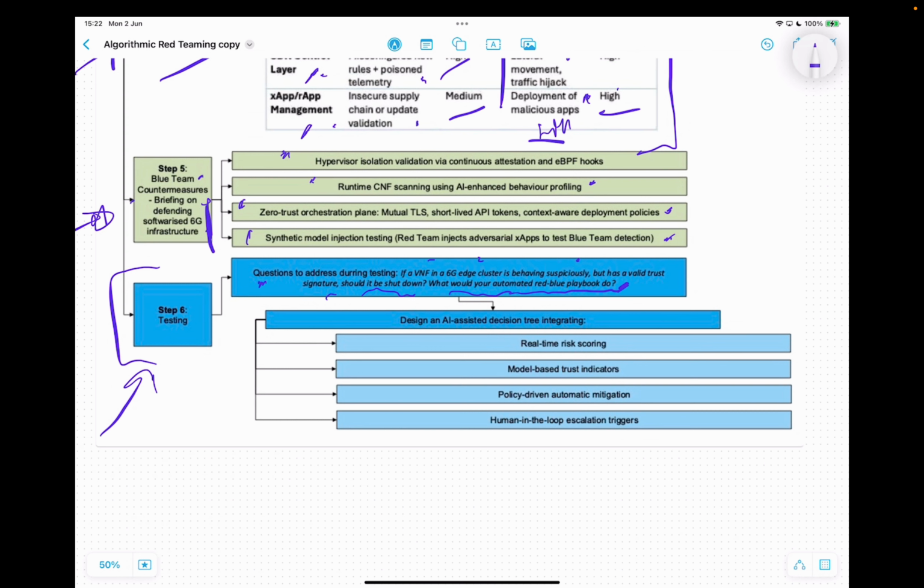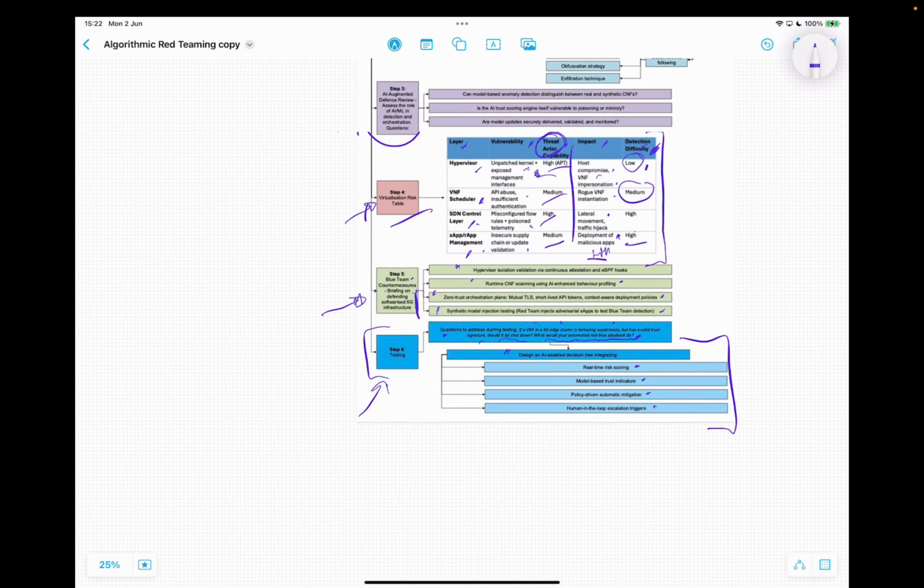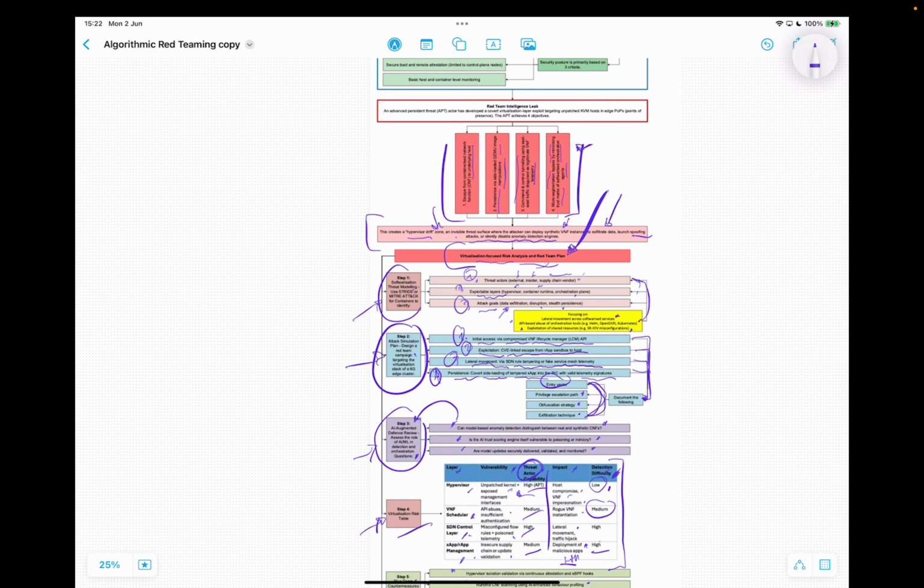So what is going to be the response to that? And to build the response, here are the steps. You design an AI-assisted decision tree, integrating real-time risk scoring, model-based trust indication, policy-driven automated mitigation, and human-in-the-loop escalation triggers. So that is the actual scenario that we have over here.